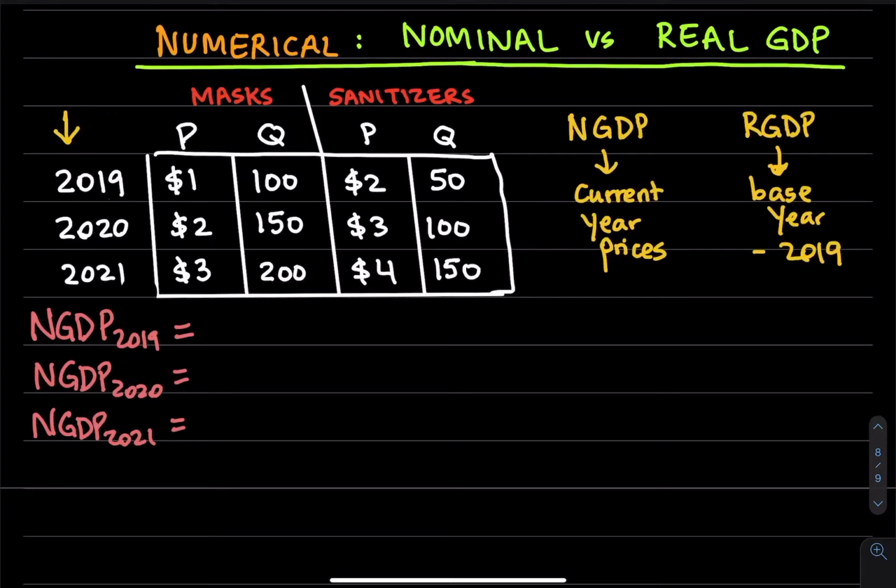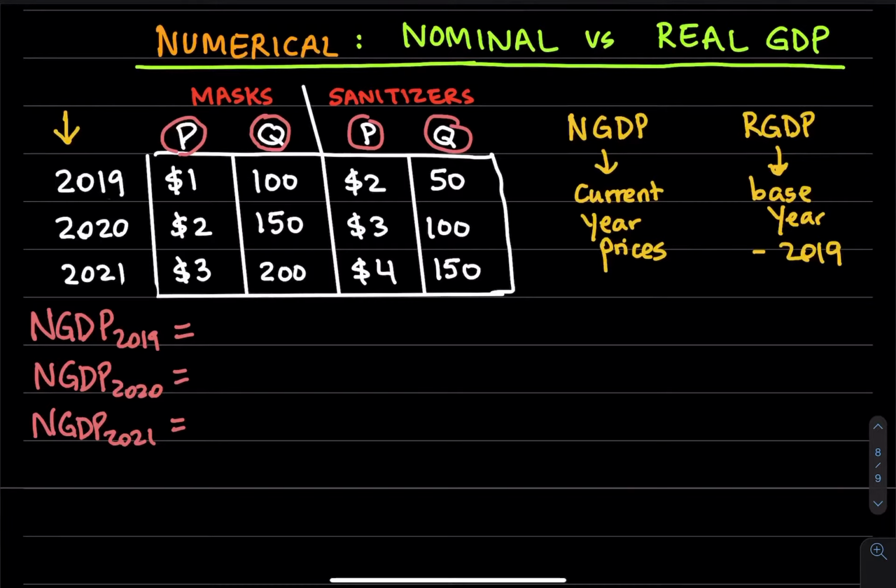So we're given prices and quantities. To compute total spending or total expenditure, which is what we can capture by the expenditure approach, we would simply multiply the quantities of each good, masks or sanitizers, with the prices. Okay, so what we want to do is P times Q plus P times Q.